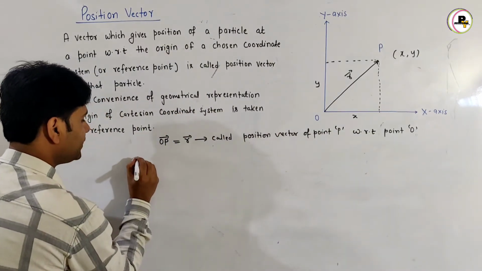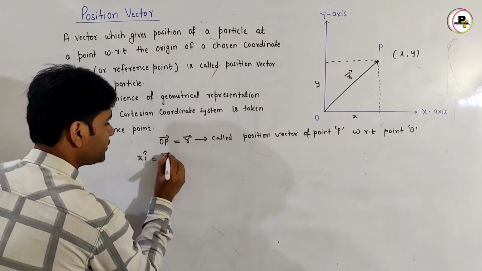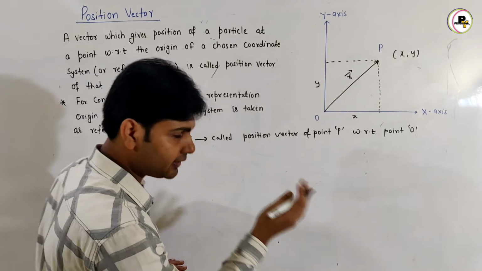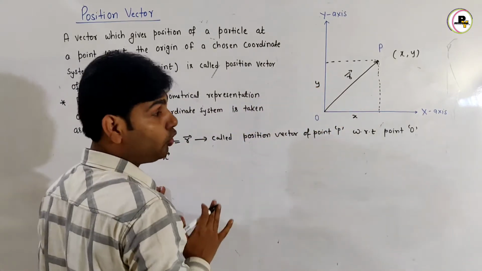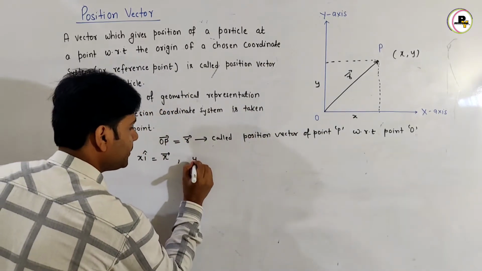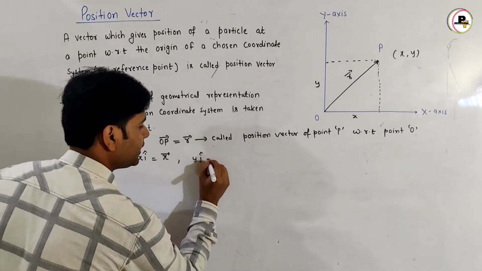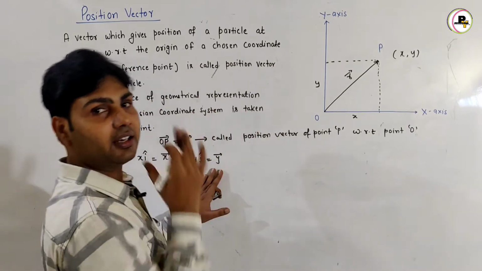Therefore I can write x i cap equals x vector, which is the position vector along x-axis, or it can also be called the rectangular component of r vector along x-axis, and if I multiply y with j cap, then I get y vector, and this is the y component of r vector.